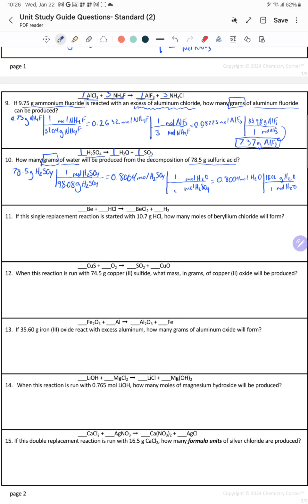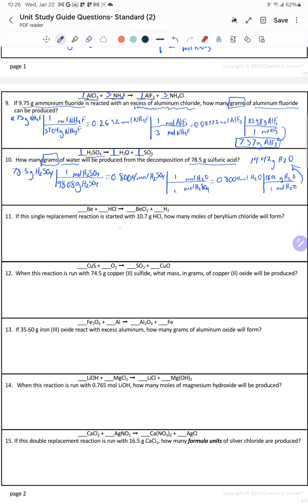And we multiply top divided by the bottom, and this gives us a total of 14.42 grams of water. So if sulfuric acid decomposes, you would end up getting 14.42 grams of water if you started with 78.5 grams of sulfuric acid. All right, go on to the next one.